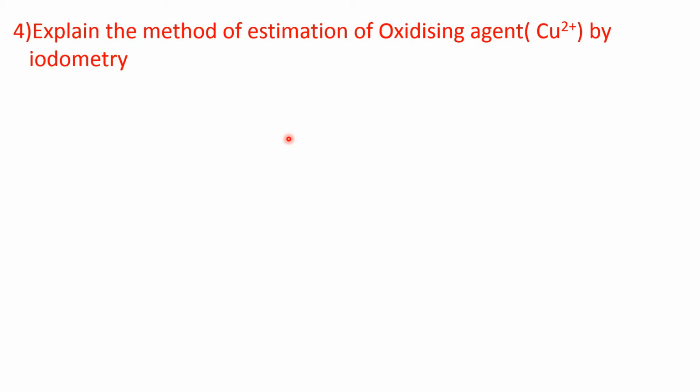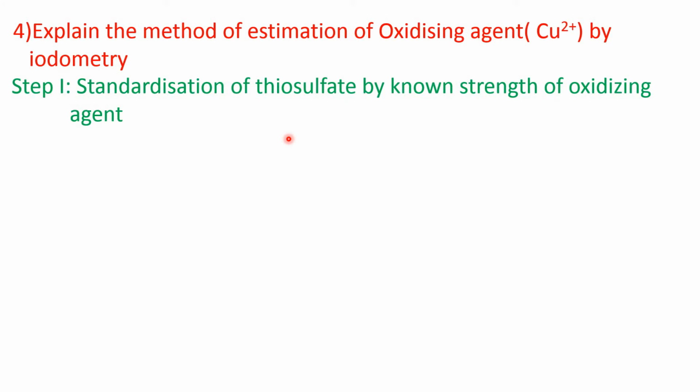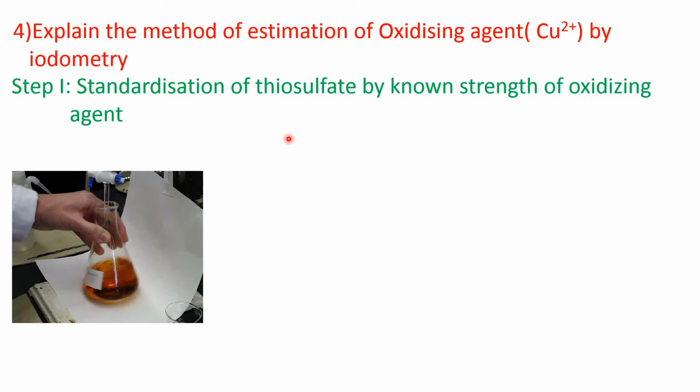Now the fourth question, explain the method of estimation of oxidizing agents, such as cupric ion, by iodometry. Now there are two steps. First step is standardization of sodium thiosulfate by a known strength of the oxidizing agent. So what you have to do?